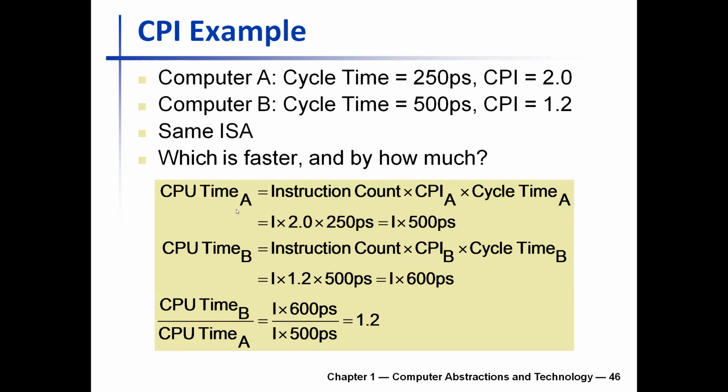So CPU time for A, based on our equation, is instruction count times CPI times cycle time. Instruction count we don't know, so we define it as I, some number of instructions.